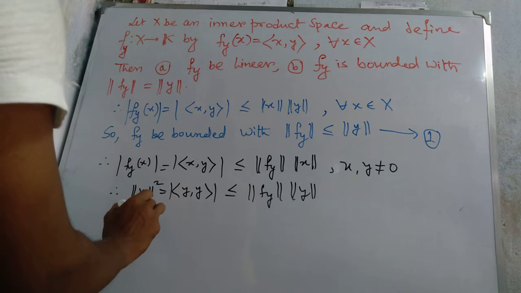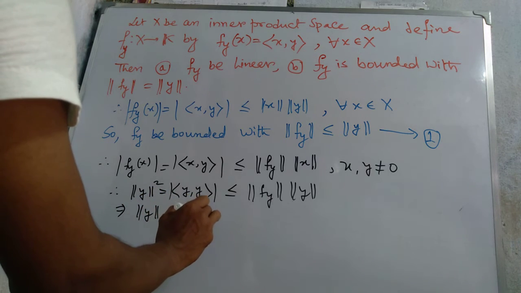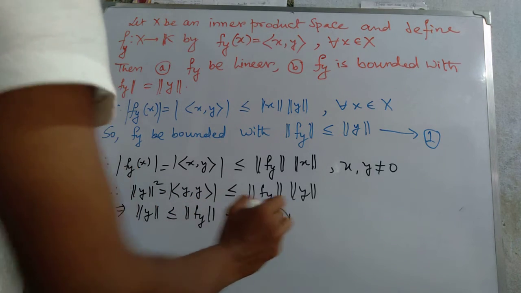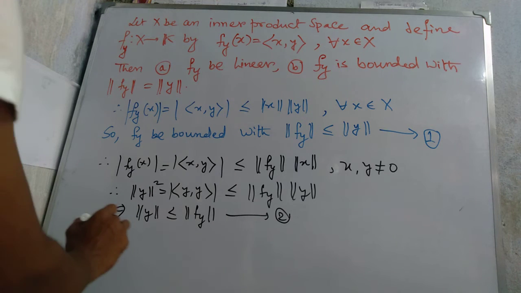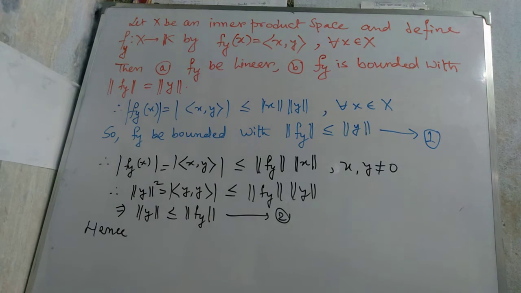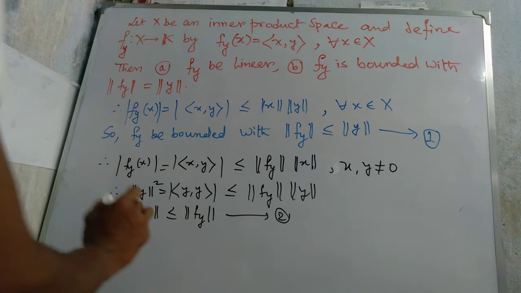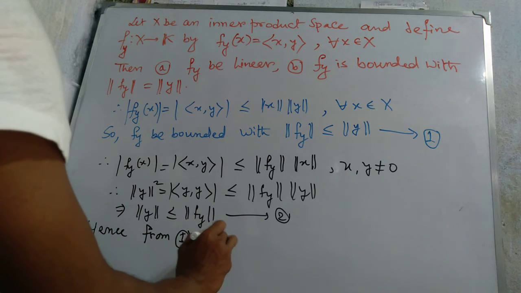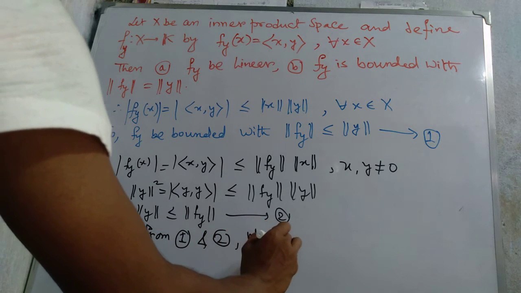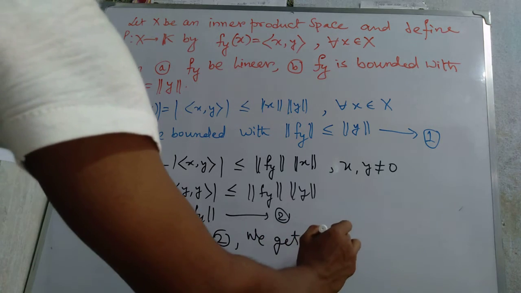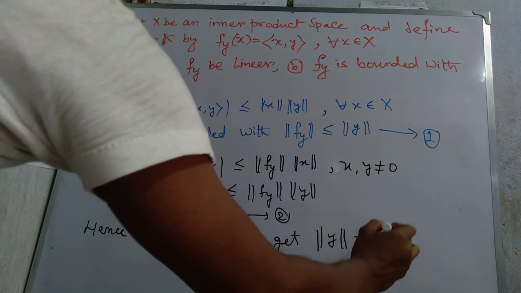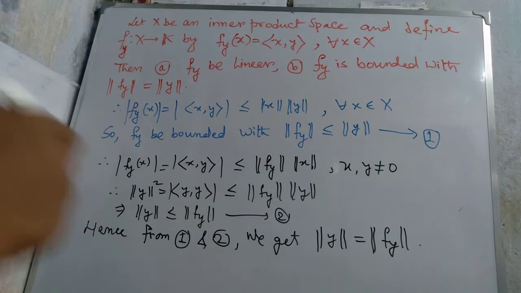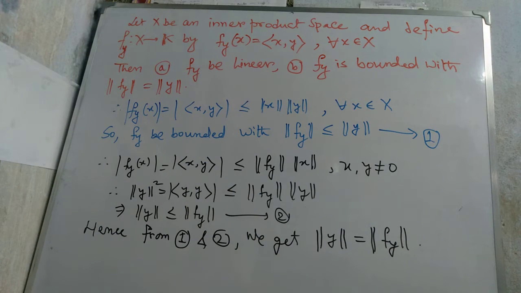This implies that norm of y less than or equal to norm of F_y. This is marked as 2. Okay, hence from 1 and 2 we get norm of y equal to norm of F_y.